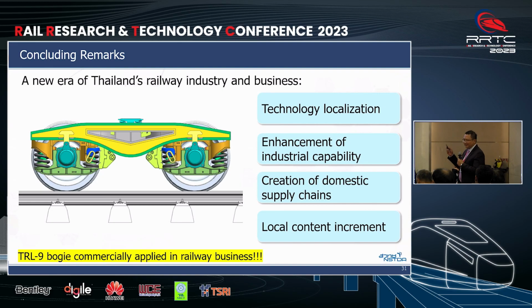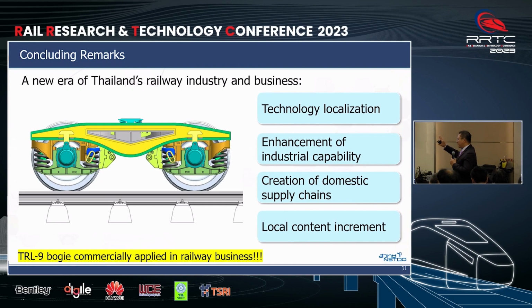Okay, I have limited time. Now, I would like to conclude my talk. As I mentioned, we are now in the new era of the railway industrial business in Thailand. We just want to participate, and we want to develop a TRL9 bogie commercially applied in the railway business.